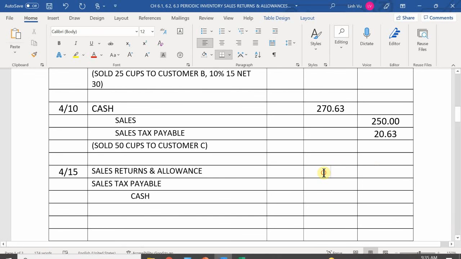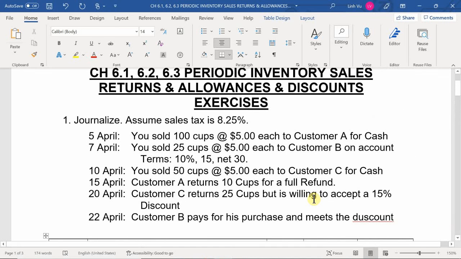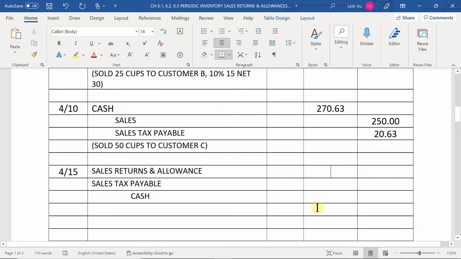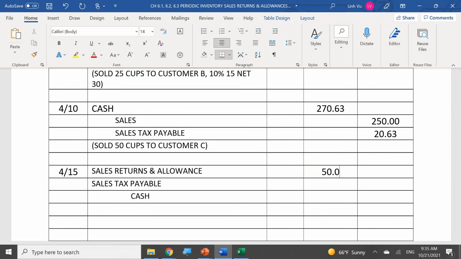So in this case, if I'm returning 10 of those cups, how much did I originally charge each cup? $5 for each cup. So if customer A is returning 10 of them, how much is the sales returns and allowances? 50, right? So $50 is going to be refunded to them.